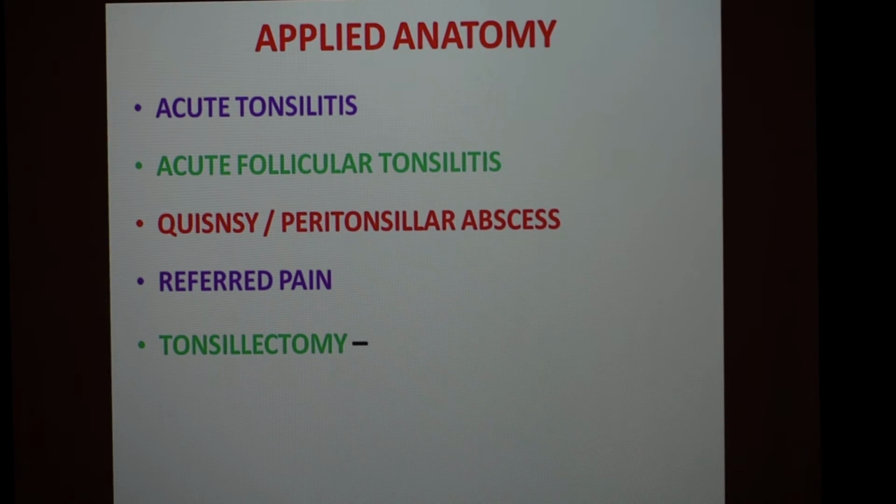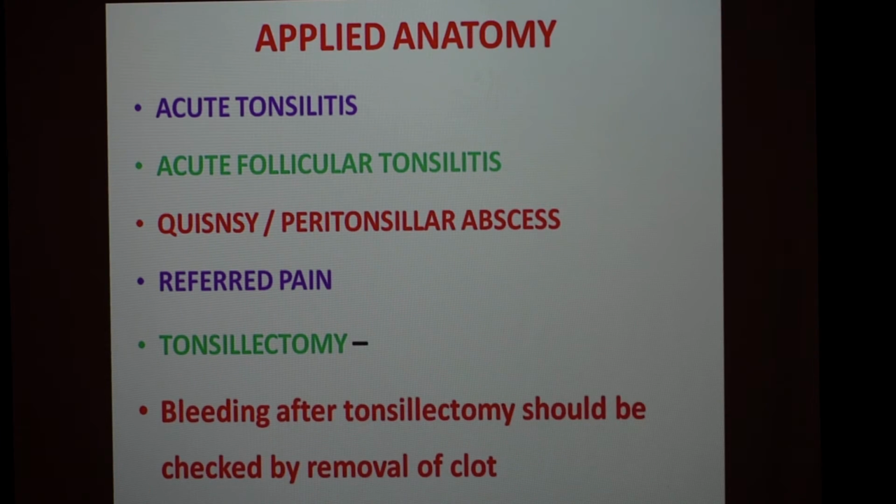One is the uterus, and second here, that is in the tonsil. That is, bleeding after the tonsillectomy should be checked by removal of the clot. Otherwise, clot is good, but only at these two places we need to remove the clot to prevent any further post-operative bleeding. So that is about the applied anatomy.